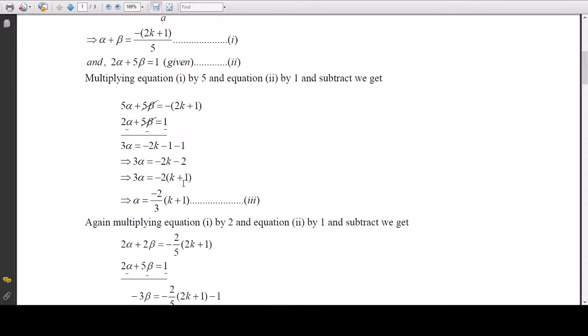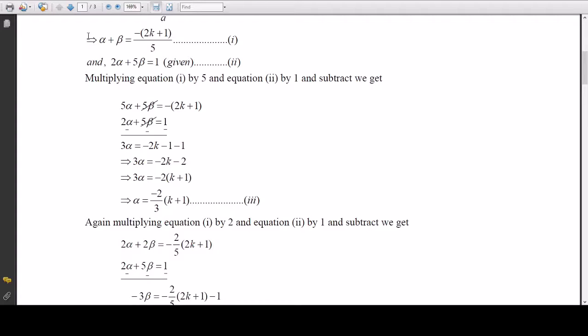Now again, take the first and second equations. Multiply the first equation by 2 to equate the coefficient of alpha. Multiplying throughout by 2, you'll get 2 alpha plus 2 beta, minus 2 by 5 times (2k plus 1).